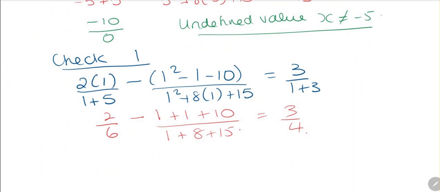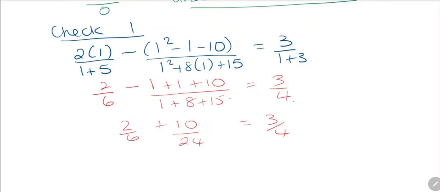So we have 2 over 6 and we have 10 over 24. And that's equal to 3 over 4. So if we put them all over 24, so that's 8 over 24 plus 10 over 24, and that would be 18 over 24. So that is correct.